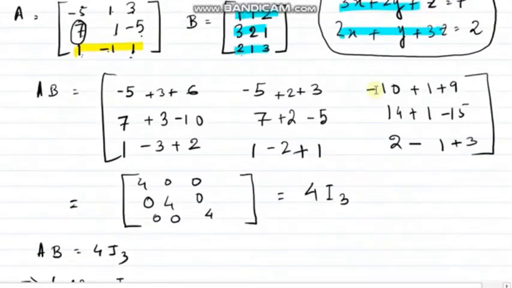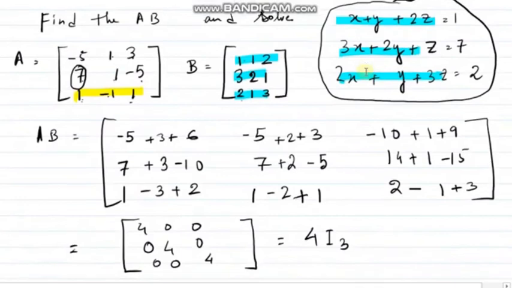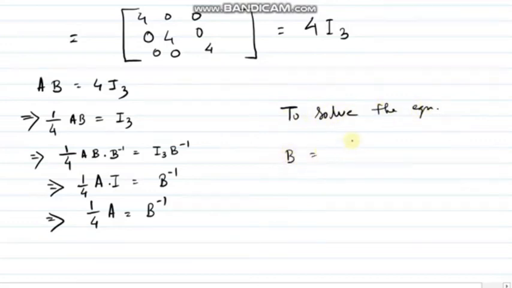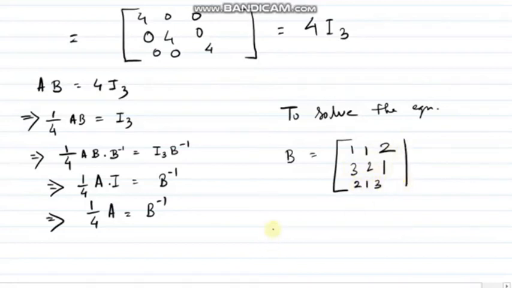Now for this type of sum, first I will write, to solve the equation, my B is this one: 1 1 2, 3 2 1, 2 1 3. I will not calculate the determinant of B, because we already know that B inverse exists, right?